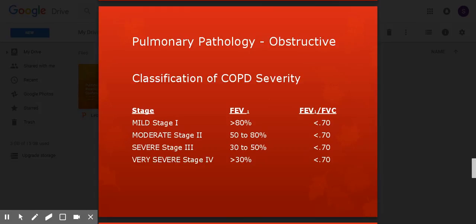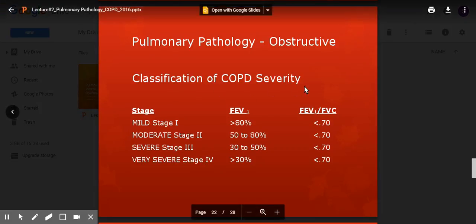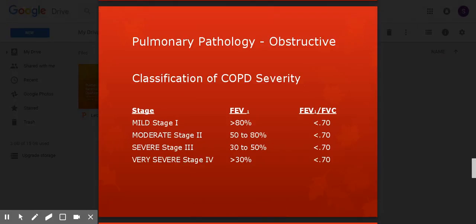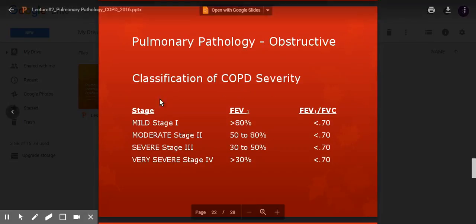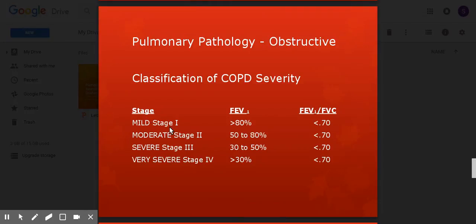The gold standard for classification of COPD severity is the Global Initiative for Chronic Obstructive Lung Disease. GOLD is the acronym. It has staged COPD into 4 categories: mild, moderate, severe, and very severe, also known as stage 1, 2, 3, and 4.